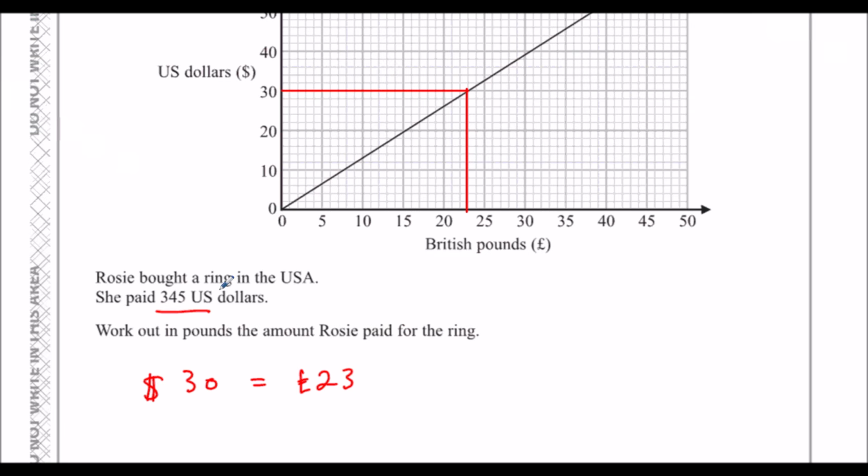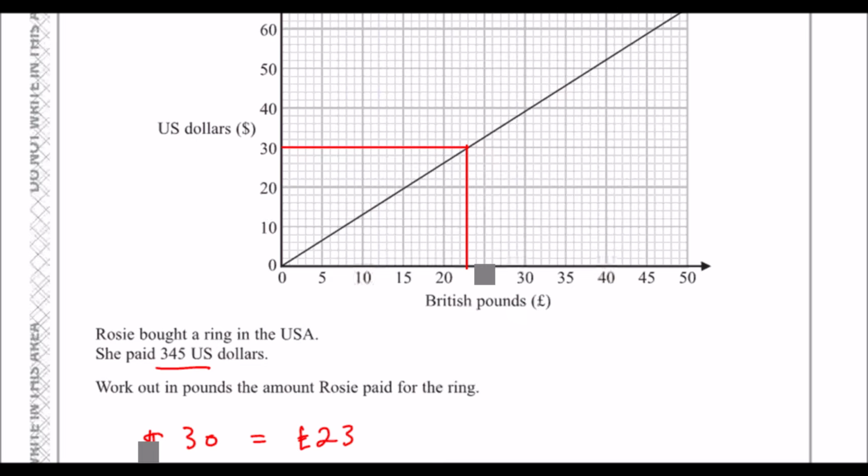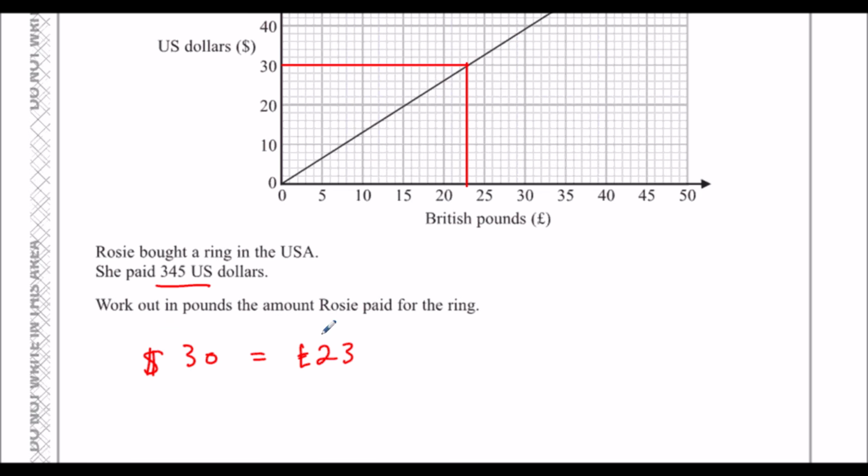So how can we get $345? So if we times this by 10 each, so I can say $300 is going to be 230 pounds. So 10 times as much.